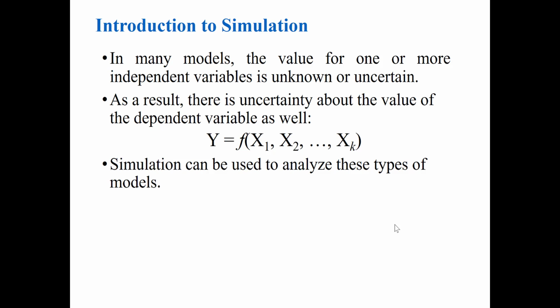When we are not sure about the value of some independent parameters, we use simulation. Simulation is a tool that we use for basically applying this kind of uncertainty. So let's start with a simple example.